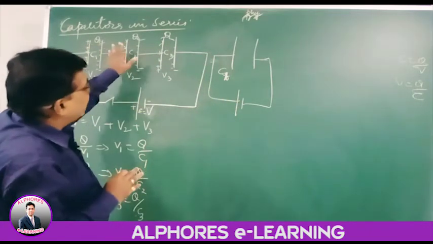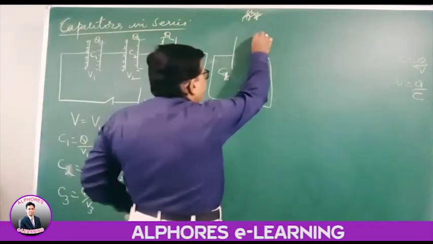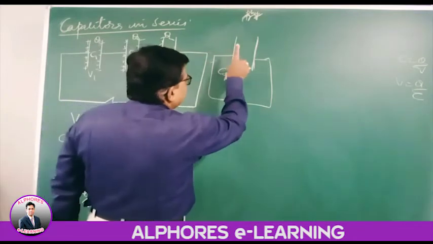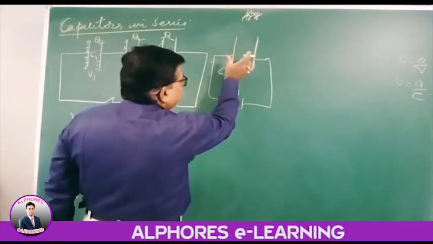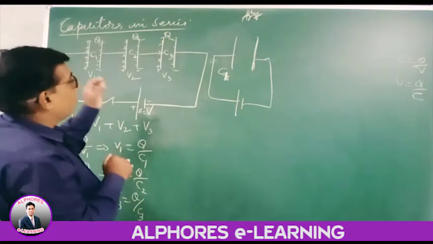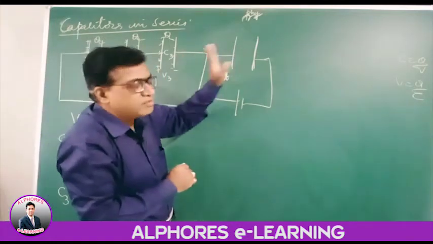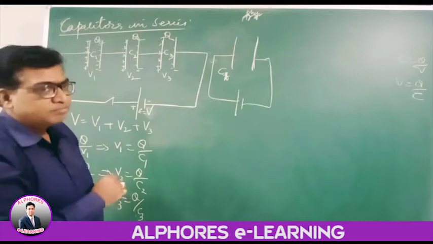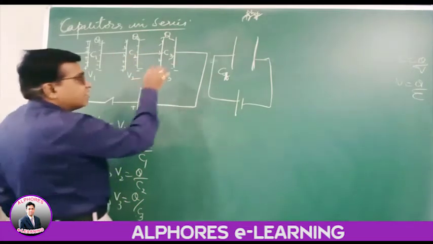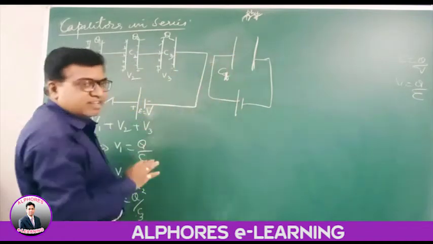If the equivalent capacity of these three is equal to this one, that means this single capacitor is equivalent to these three in series. So the same effect is produced. When I connect these three individually in series, or connect the effective capacity, the circuit is identical and the effect is the same.